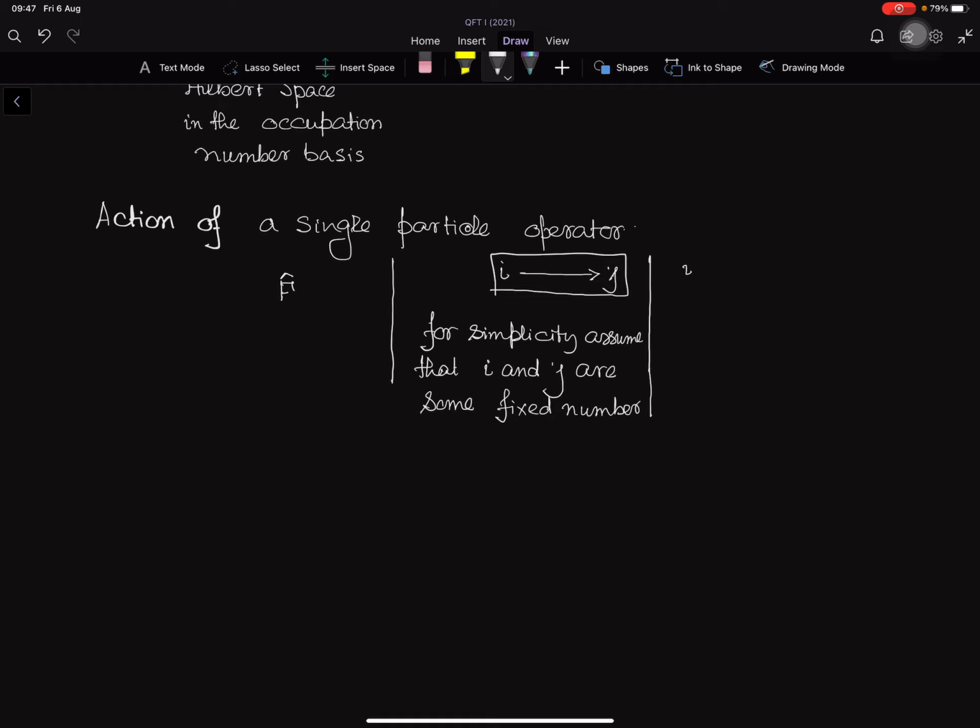Then there are two distinct possibilities: i is equal to j, or i is not equal to j. In the first case the operator is diagonal, and the other one is not.